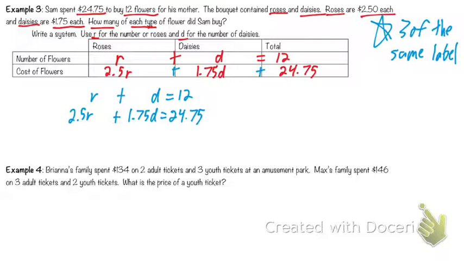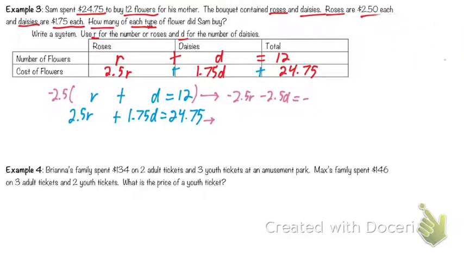So let's multiply by negative 2.5 on the top equation. So it's going to be a negative 2.5R minus 2.5D. And we're going to have to do 2.5 times 12. And we know it's going to be negative. Now we can always do that off to the side, okay? I'm going to erase that 3 of the same label note I wrote, just so that way I have room to write.